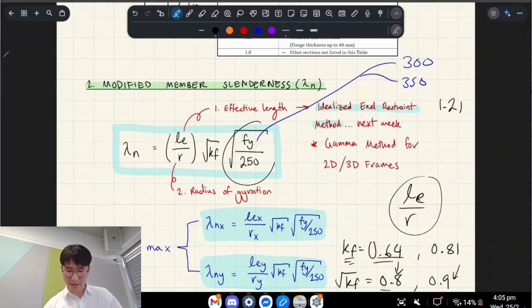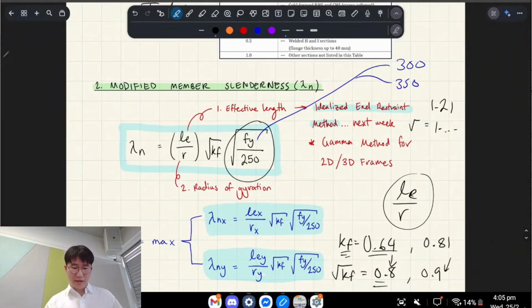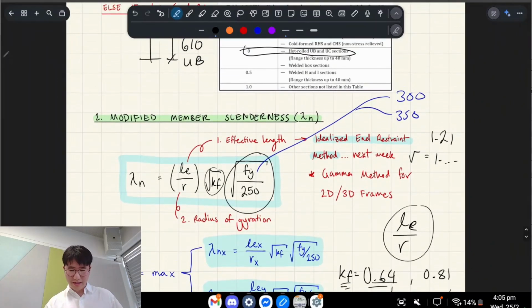When you square root that, it goes down, so it goes closer to 1, whatever, point something. But these are just modification factors that they came up with through empirical experiments and stuff.